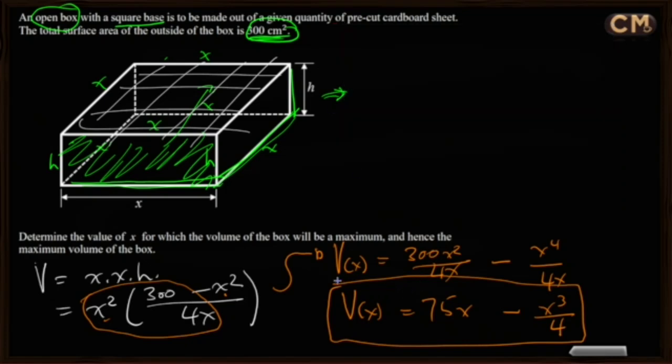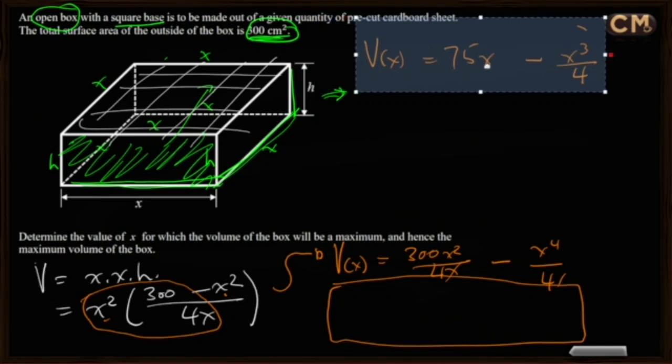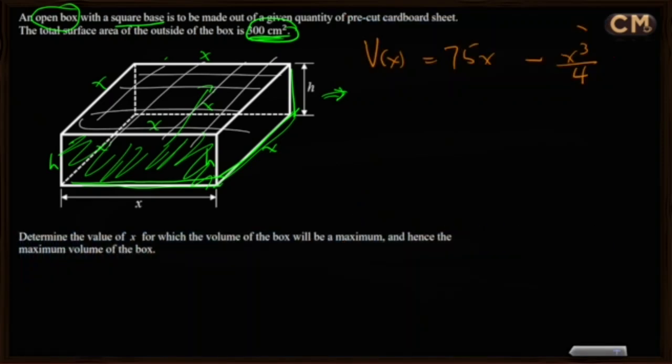So let's delete that and then take our volume equation over there. Of course we want to maximize this, which means we'll find the derivative, which gives us 75 minus 3 over 4 x squared.